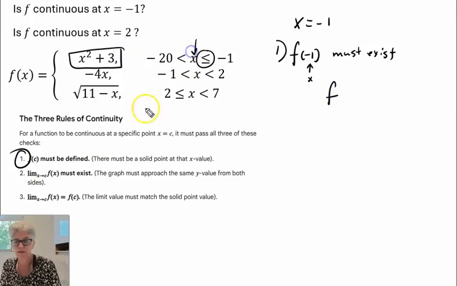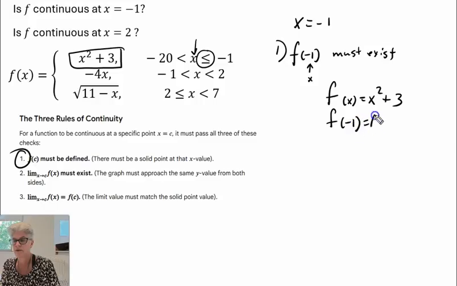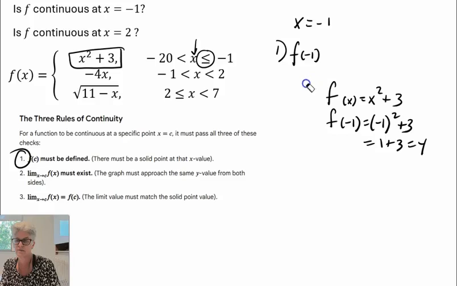So if x is equal to -1, it lives in between -20 and less than or equal to -1. So I will use the first formula as my formula for f, and f evaluated at -1 is going to be 1 plus 3, which is equal to 4.